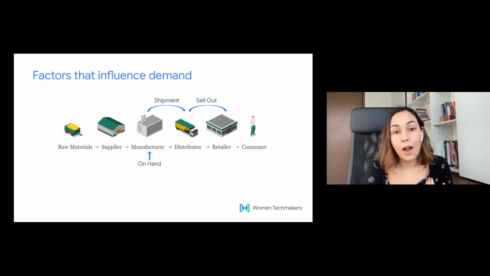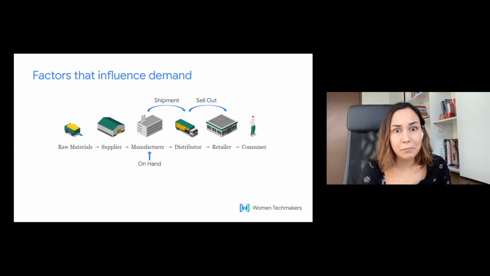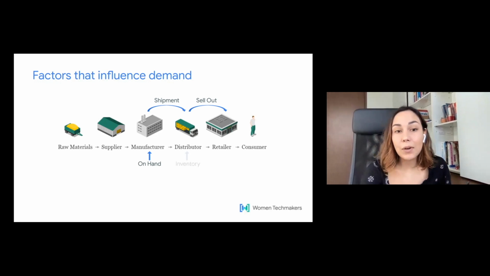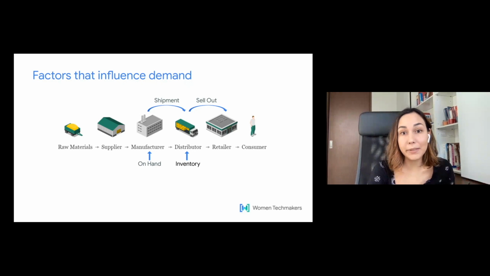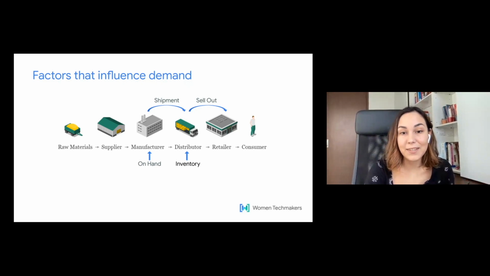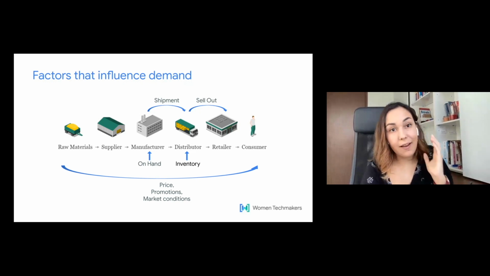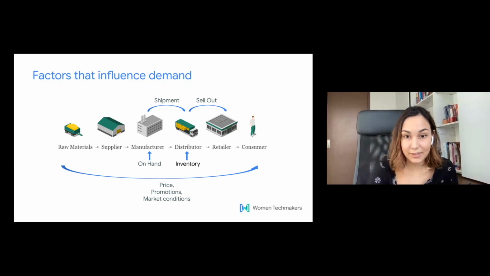I might want to consider how many I have on hand, because if I have 0 bottles of shampoo, I'm probably not going to ship anything today until I refill from the supplier myself. And similarly, the distributor is not going to ask me for any shampoo if they have abundant inventory in their own warehouses. And all of these quantities that we talked about are themselves influenced by price, promotion, and market conditions.